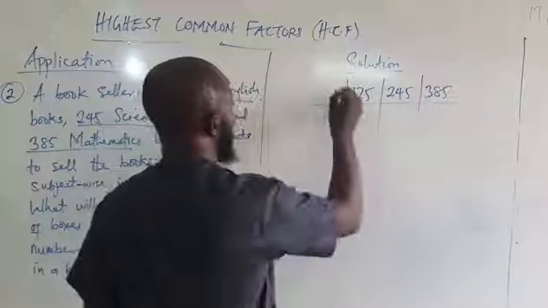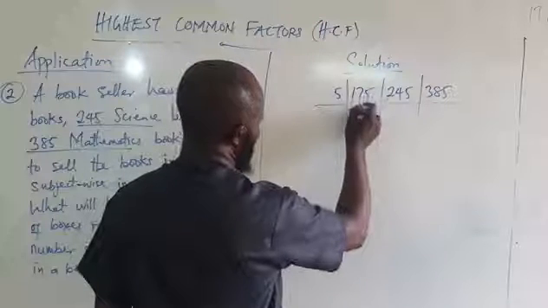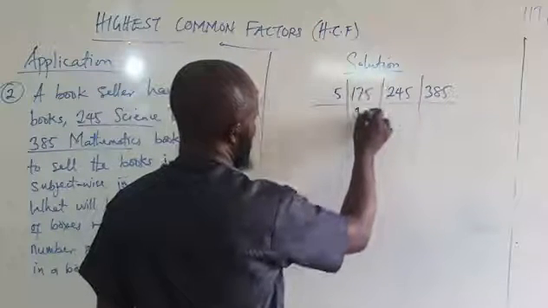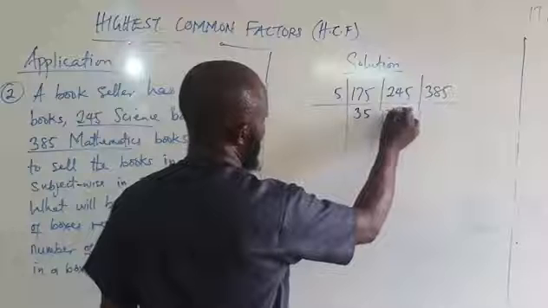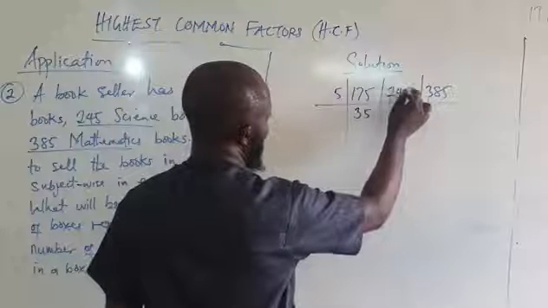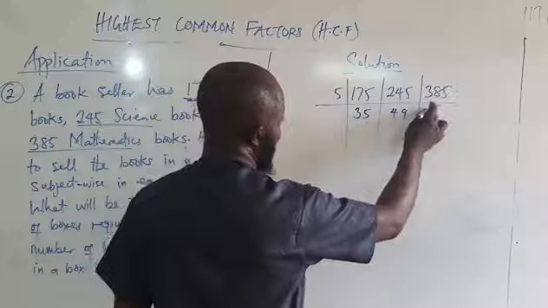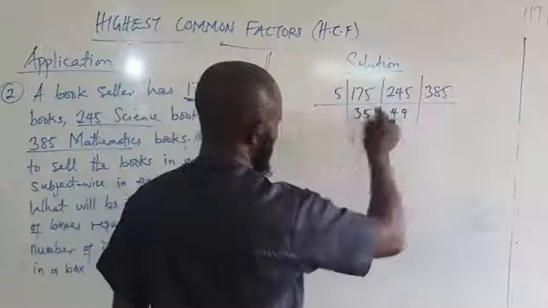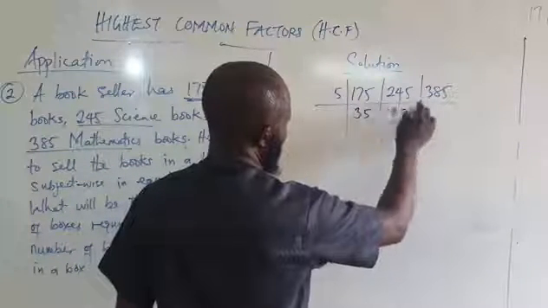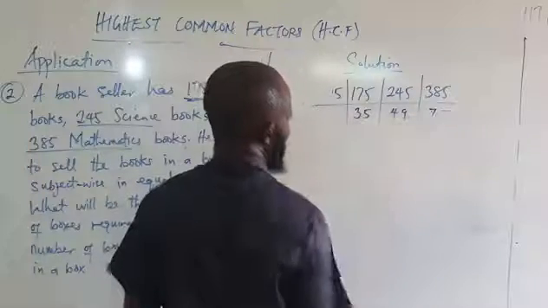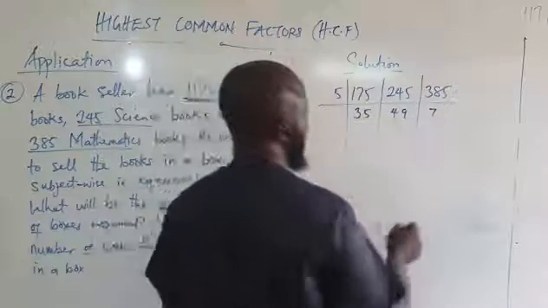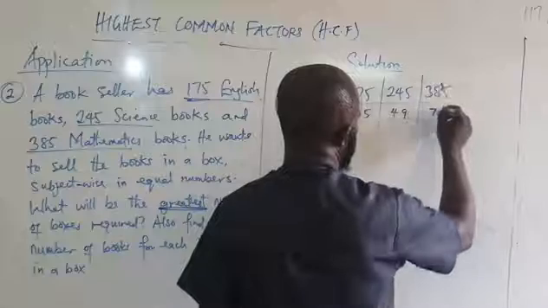So let's use 5. 5 here is 35, 5 here is 49, 5 here is 77.